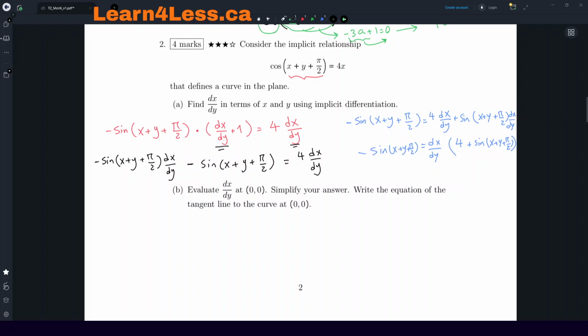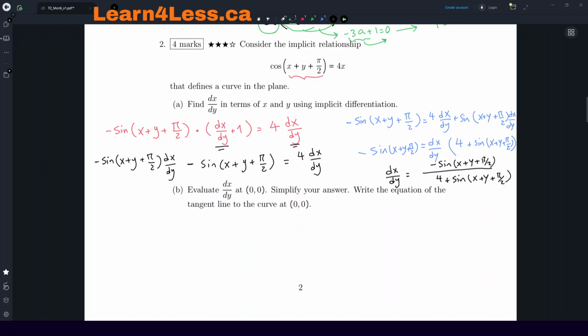So what I would get is dx over dy equal to negative sine of x plus y plus pi over 2, over 4 plus sine of x plus y plus pi over 2.